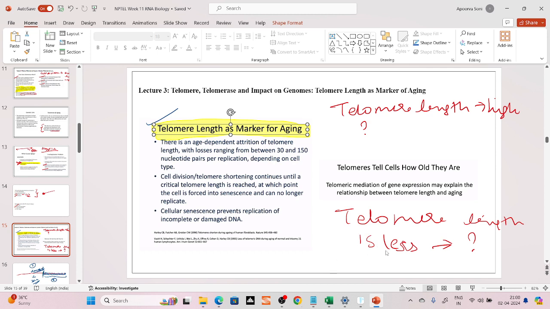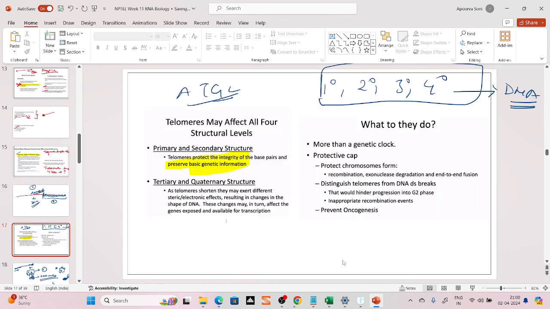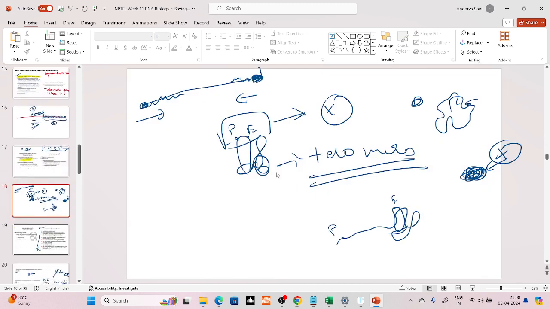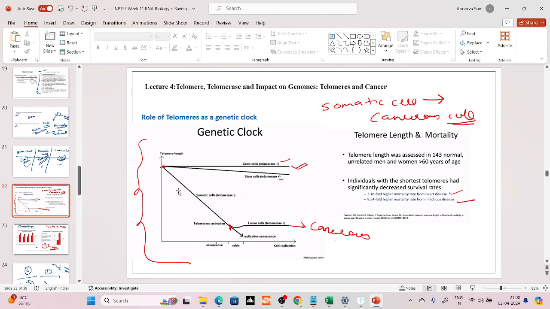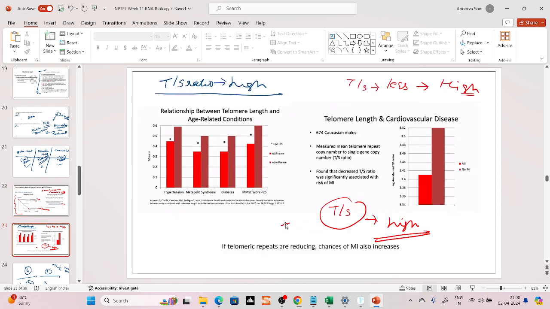But if telomere length is less, then you will have early aging. And then we studied that telomerase affects all the primary, secondary, tertiary, and quaternary structures. And then we studied the genetic clock graph, where somatic cells show a reduction in telomeres, germ cells stay constant, and here immortalization takes place and it forms tumor or cancerous cells.